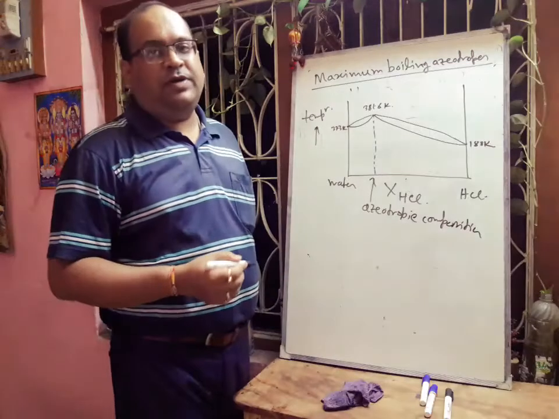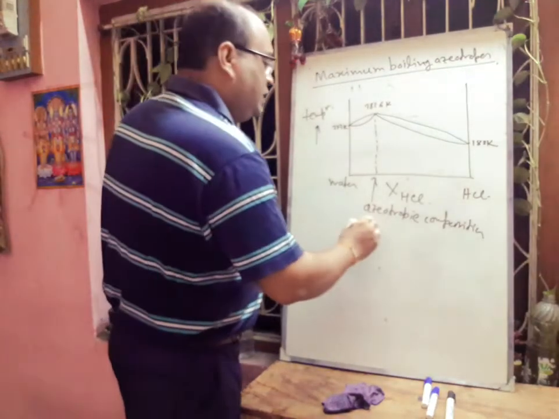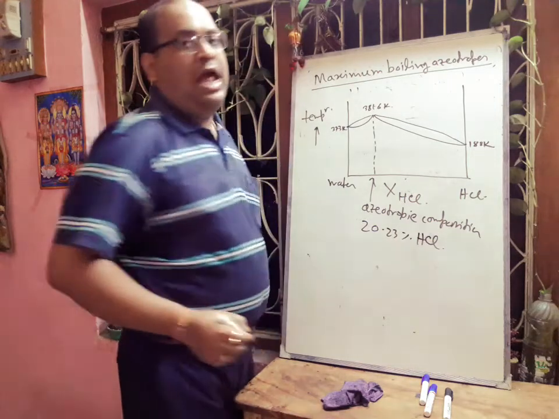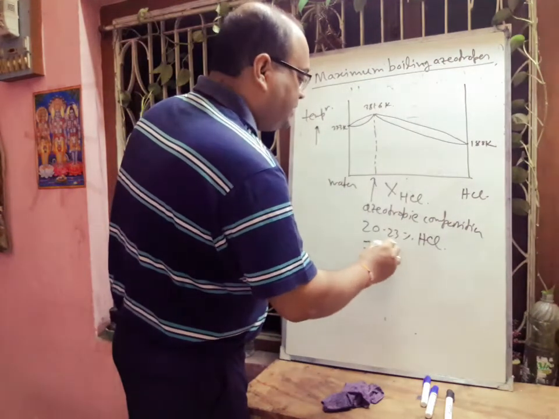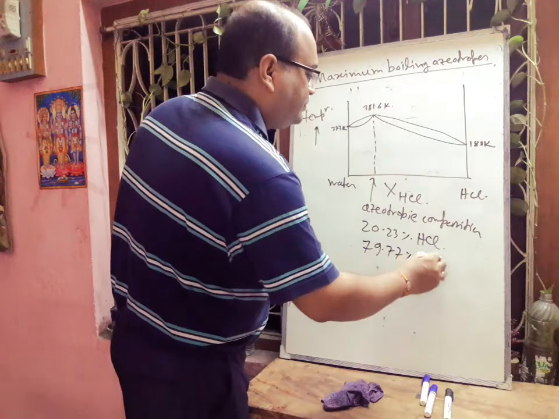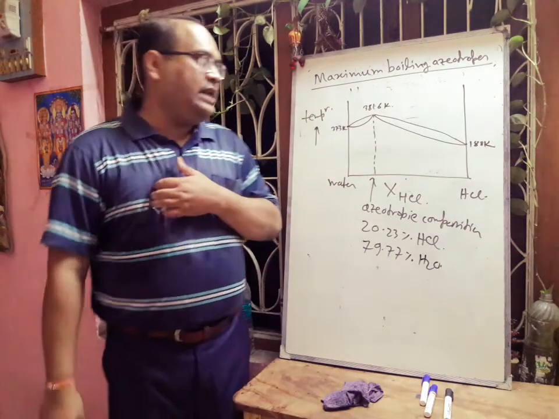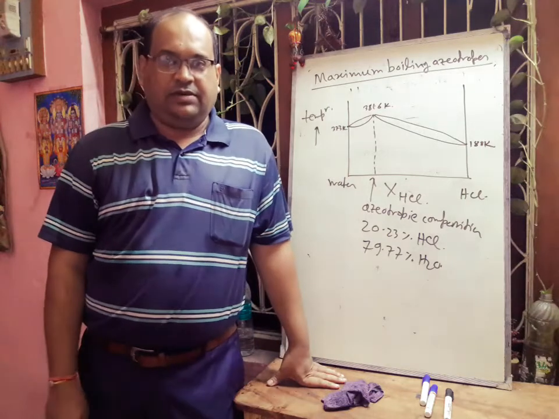Now in this azeotropic composition, what will be the percentage of HCl? That is 20.23% HCl, and water will be 79.77%. So from this diagram we can easily understand maximum boiling azeotropes.